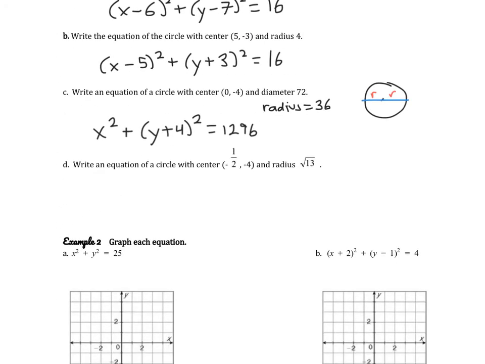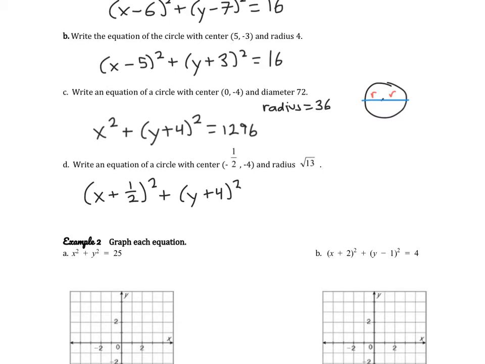All right, let's look at example D. So here we're asked to write an equation of a circle with a center at (negative 1/2, negative 4) and a radius of square root of 13. So it's totally fine to have a center that's a fraction. We still treat it the same. So this would be x plus 1/2 squared plus y plus 4 squared.